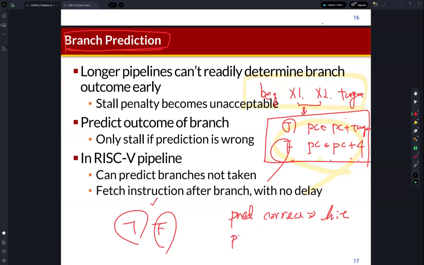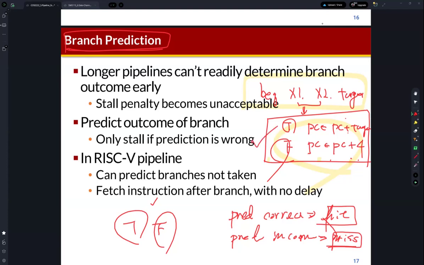And if the prediction is incorrect, then it is called a prediction miss. So, miss or hit. If the prediction is a hit, then it's good, it's a lucky case. And if the prediction is a miss, then clock cycles will be wasted.